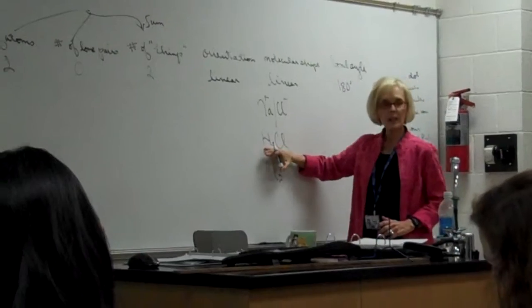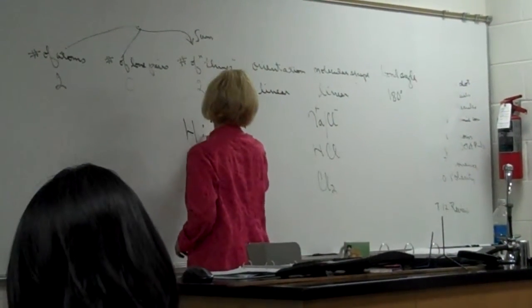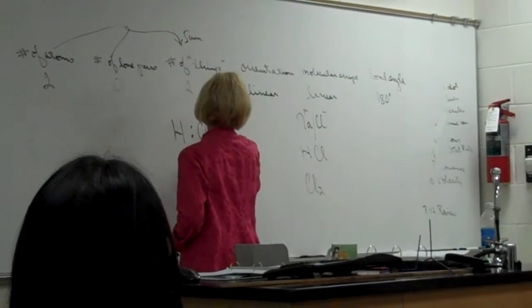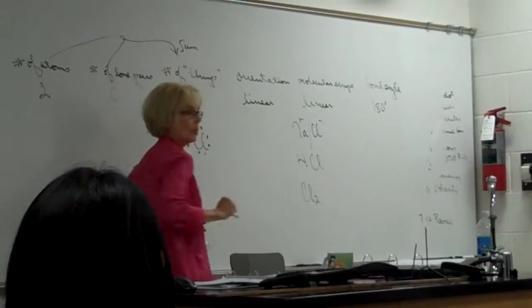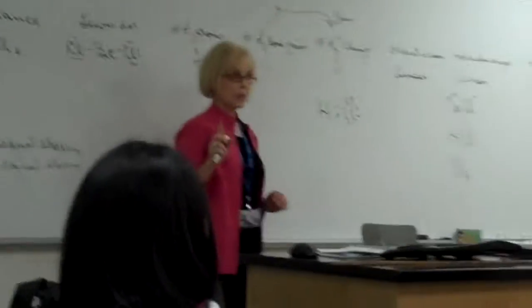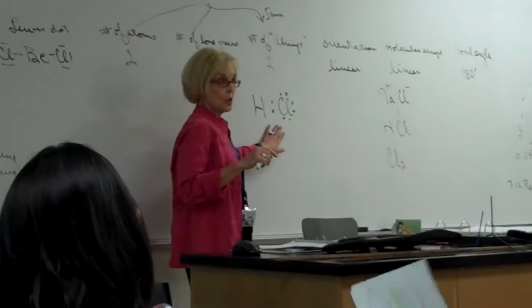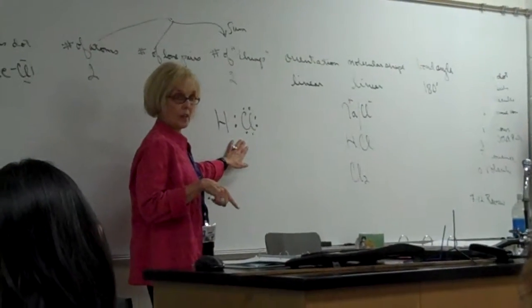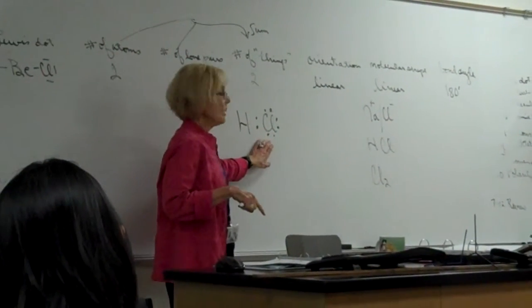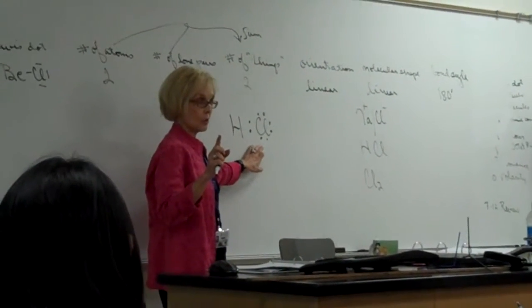Okay, now let's take HCl and look at it a little bit better. Remember how I said a generalization last week? 99% of hydrogen compounds will be covalent. So if I do the Lewis dot structure for HCl, it would be looking like this. Okay, now, electronegativity is going to creep into the picture.